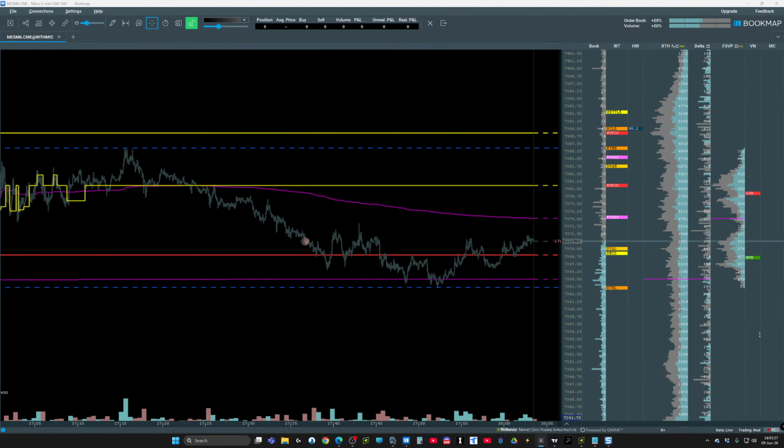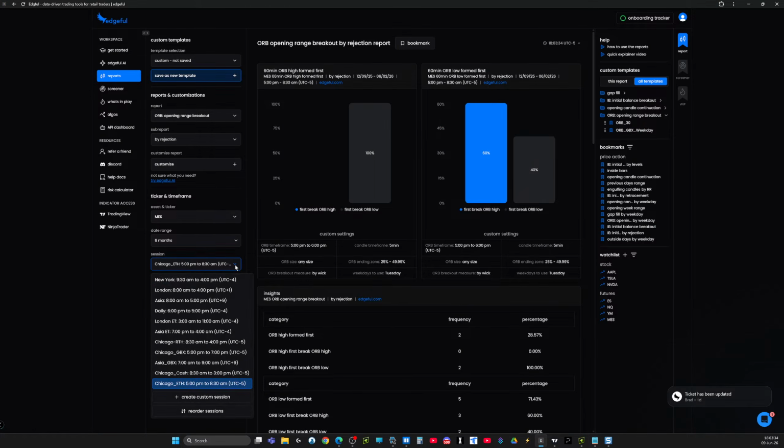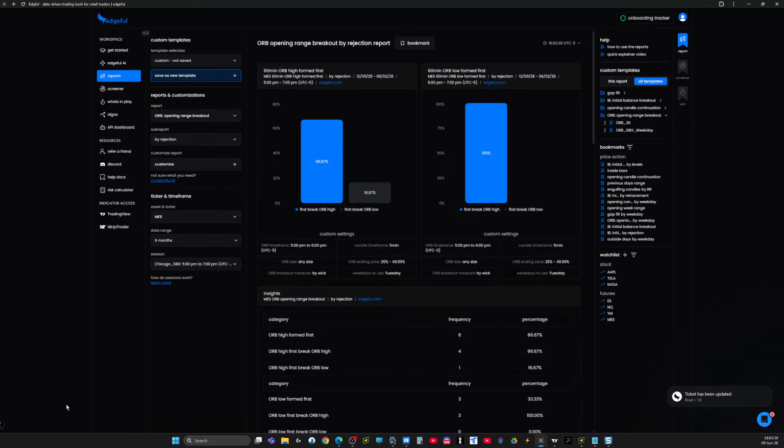See what a difference it makes by just changing the session. I really need to figure this one out. Look at that.